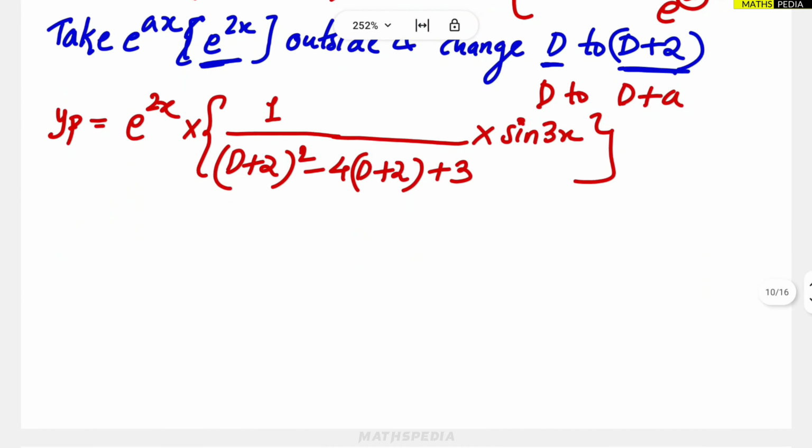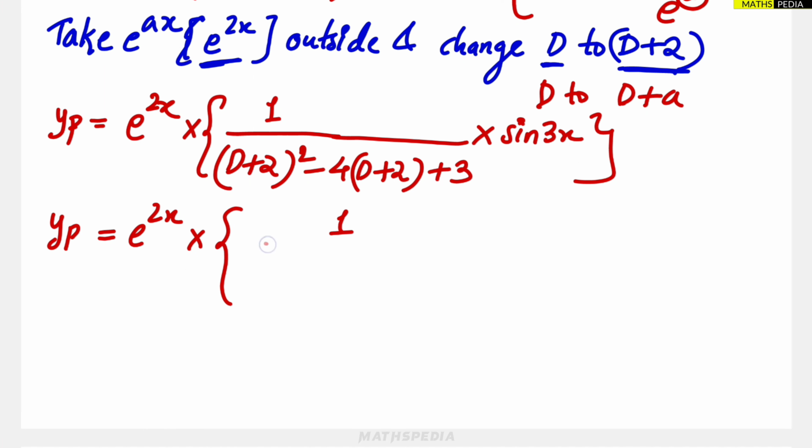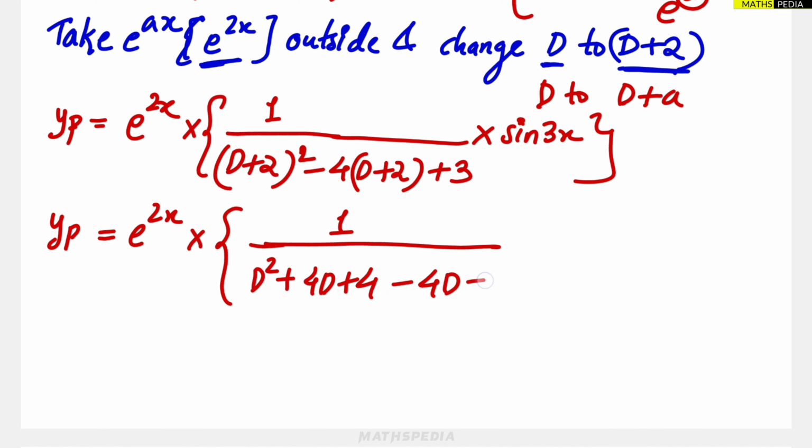This is the function we have got. Now we have to simplify this. So e power 2x into 1 divided by D square plus 4D plus 4 minus, expand the bracket, minus 8 plus 3 into sine 3x.